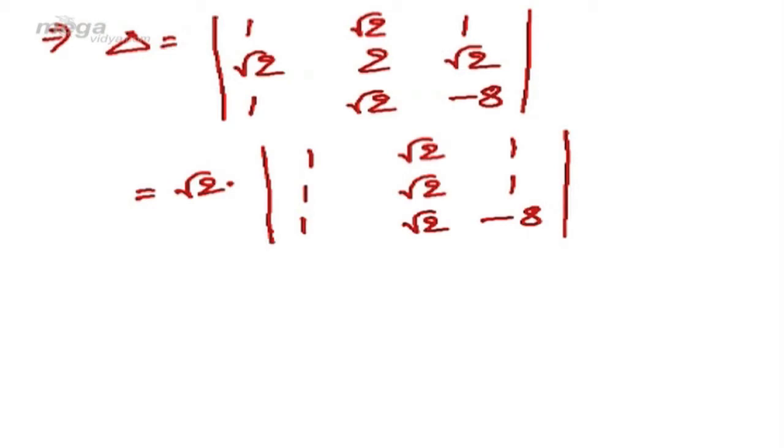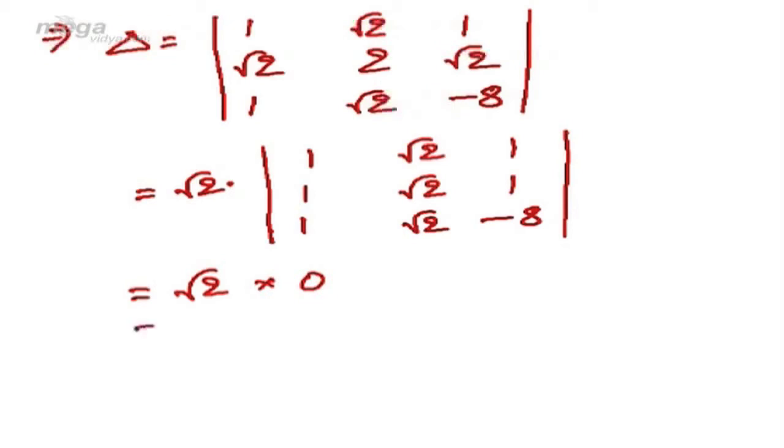Now we see the first row and second row are identical, and by another property of the determinant, if two rows are identical, then the value of the determinant is equal to 0.